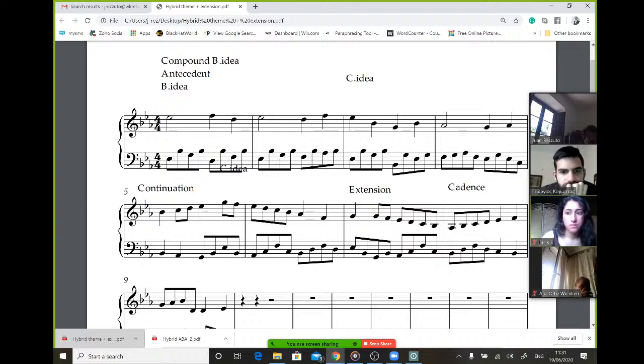So you have to resolve within the same two bars. Having a cadence there is not a great idea, as I've done. Probably, maybe a passing chord would be best.